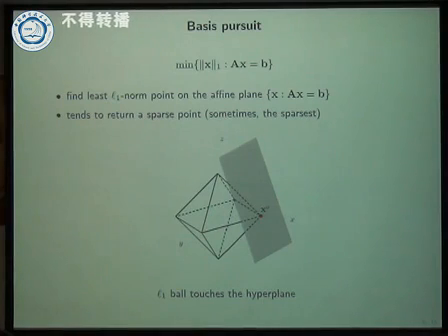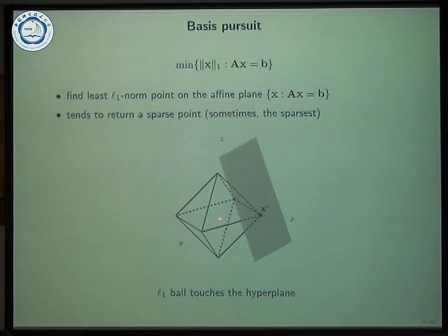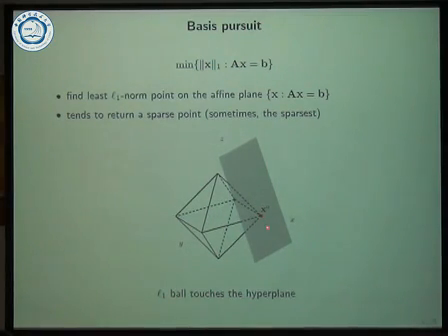Minimizing the L1 norm means finding the least L1 point. You can start with a very small diamond and grow it. Growing the diamond means you are getting a larger L1 norm. You grow it to the point where it just touches this plane, and it touches the plane at x superscript o, which I call the original point, the red dot.